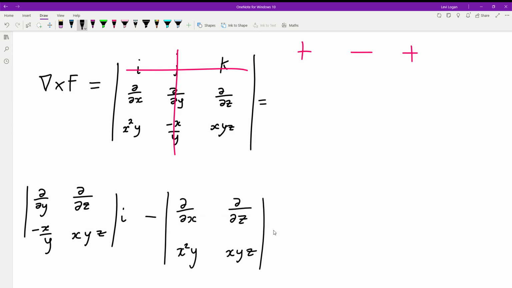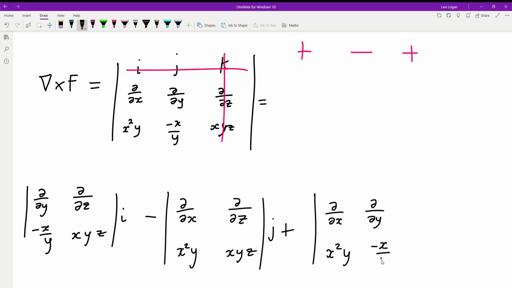And this is for your y component, so j. Okay. And then the final matrix that we're trying to find is this one here. So it will be plus, because it's got to go plus, minus, plus. And then this will be del x, del y, and this will be x squared y on negative x on y, and this will have the k, okay?